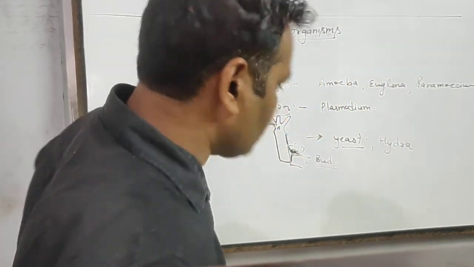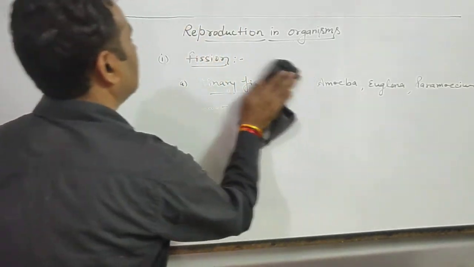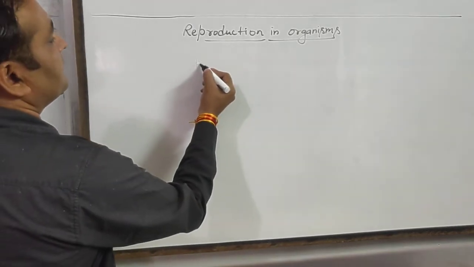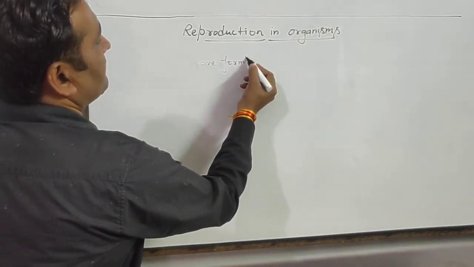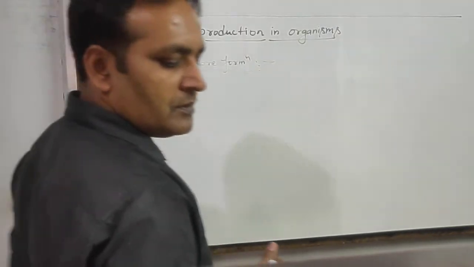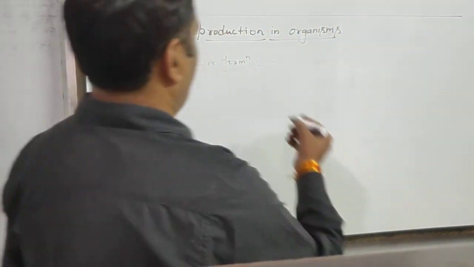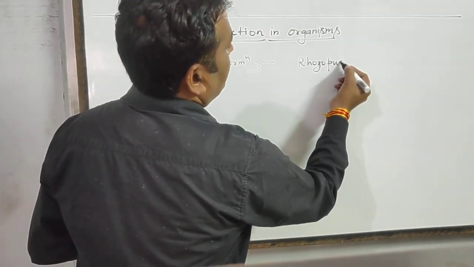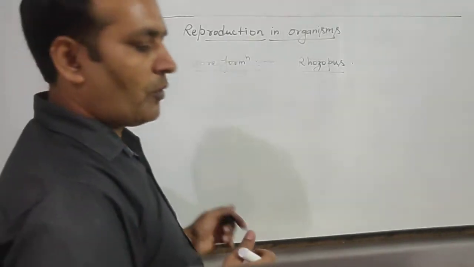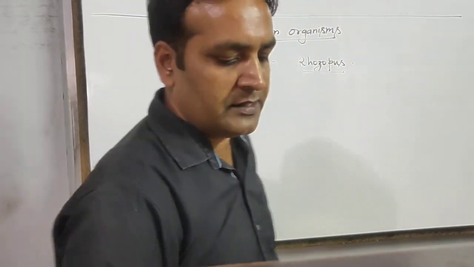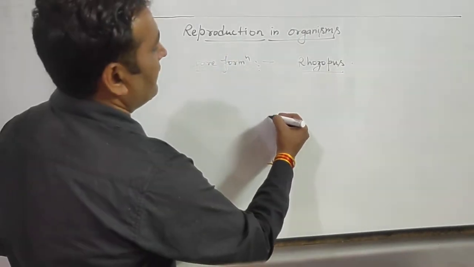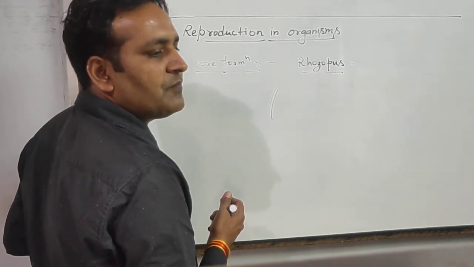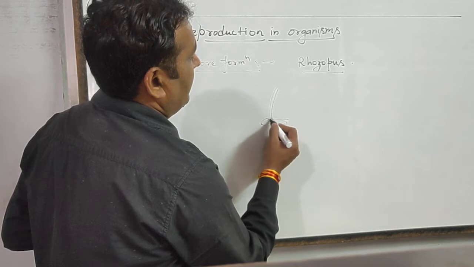Then the next mode of asexual reproduction in different organisms is spore formation. An important example is in case of rhizopus. The spore formation mode of asexual reproduction occurs in such organisms. Rhizopus is an example of a fungus which grows over bread.